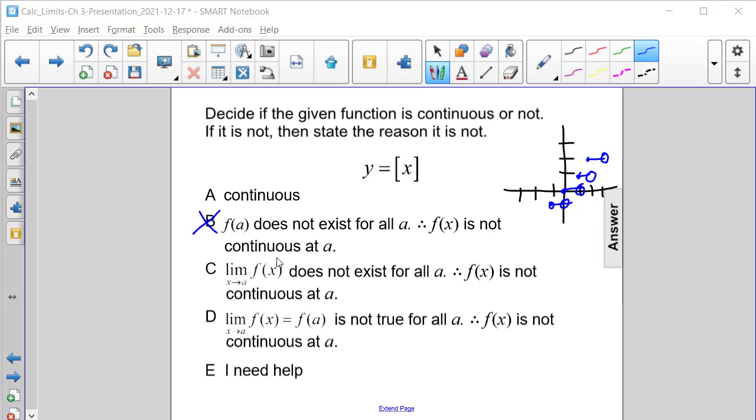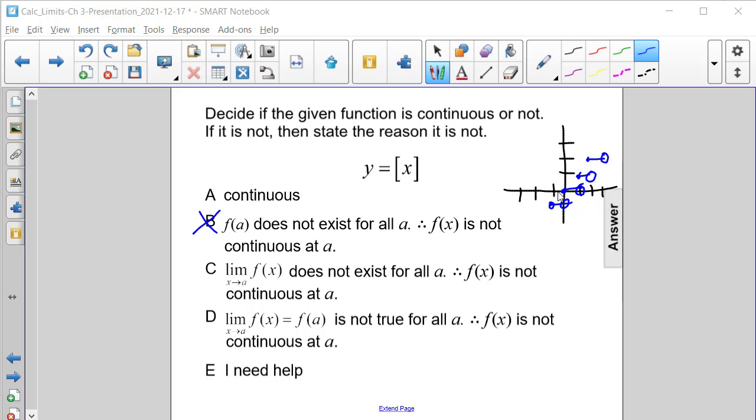Does the limit of f of x as x approaches a exist for all a values in this function? Well, it actually does not. At all of the endpoints of our greatest integer function, we can see that as x approaches 1 from the left, we're at 0, and as x approaches 1 from the right, we're at 1.